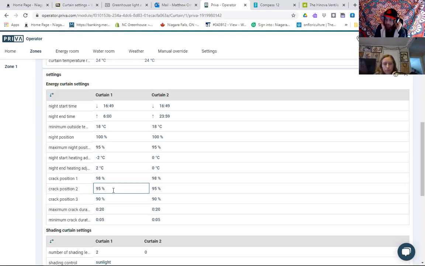If at any point in time the greenhouse gets too cold, so say we move from crack position 1 to crack position 2 here. So 5% uncovered, the greenhouse all of a sudden gets way too cold. After our maximum crack duration, so after 20 minutes, the greenhouse is not warming up or it's not at the set point, we're going to close the curtains back to 98%.